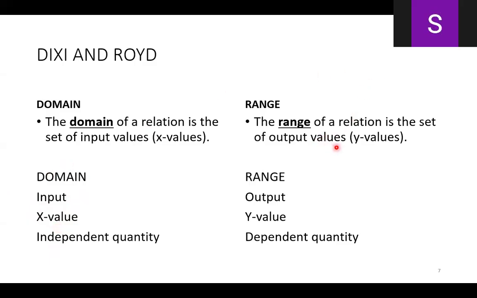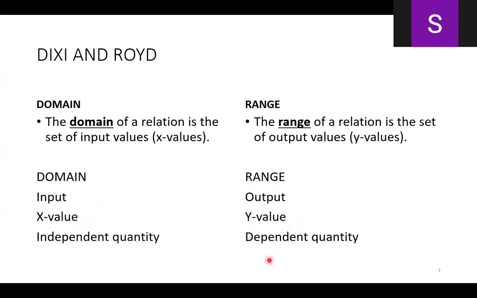Your range, the range of a relation, is a set of your output values, your y values. So for range, our output corresponds to the input. If I input something, I'm going to get an output. For our ordered pairs, for every x value, there's a y value, right?